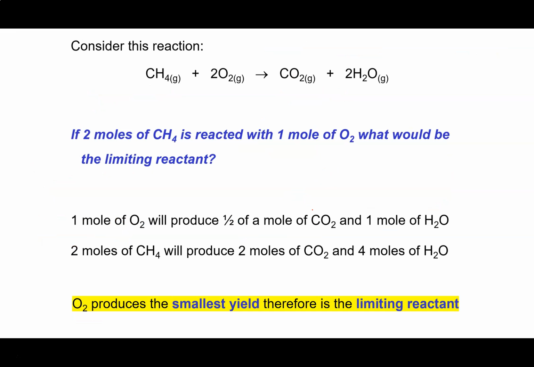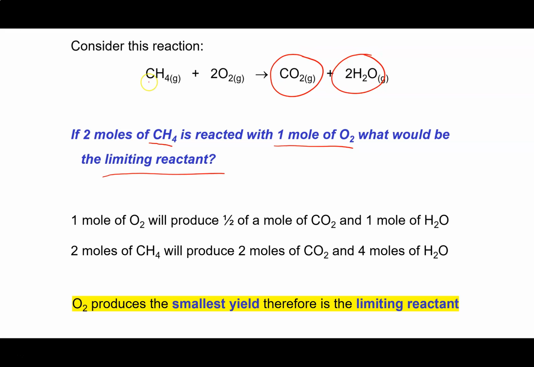Okay. So let's have a look at this reaction that we've seen previously. It's the combustion of methane, right? It says if 2 moles of methane is reacted with 1 mole of O2, what would be the limiting reactant? So how we have to figure it out is just pick a product, any product. You can look at both of them if you want.